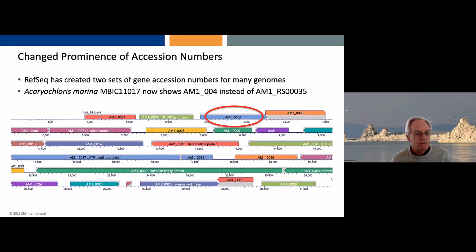A lot of the genomes do have both sets in RefSeq, but we had previously chosen the newer accession numbers to show in the genome browser, for example. What the advisors told us is that people aren't very familiar with those new accession numbers. Can we make the older accession numbers the default? And we said, sure. And so we've implemented that. Now when we look at the genome for a cyanobacterium, we will see the older RefSeq accession numbers.